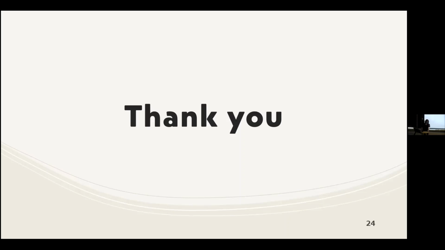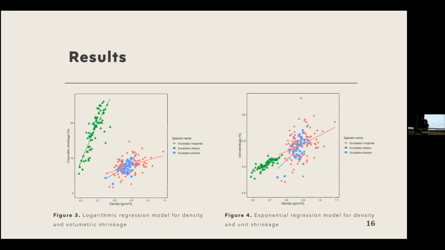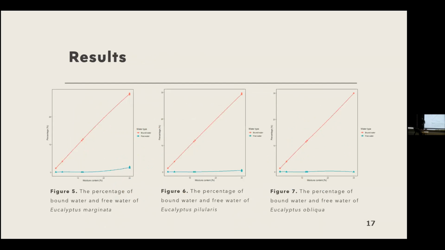Okay, the NMR test is used to test the amount of bound water and free water of wood samples. As you can see, this is the test result of the NMR test.